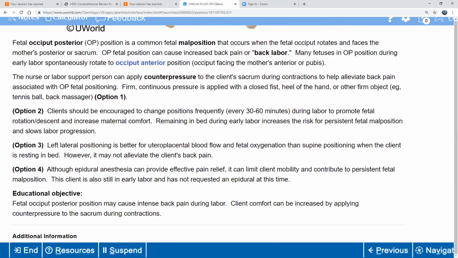So it's going to increase pain and slow the labor. That's one of the problems with it. And you apply the pressure with a closed fist. You want to encourage position changing every 30 to 60 minutes.